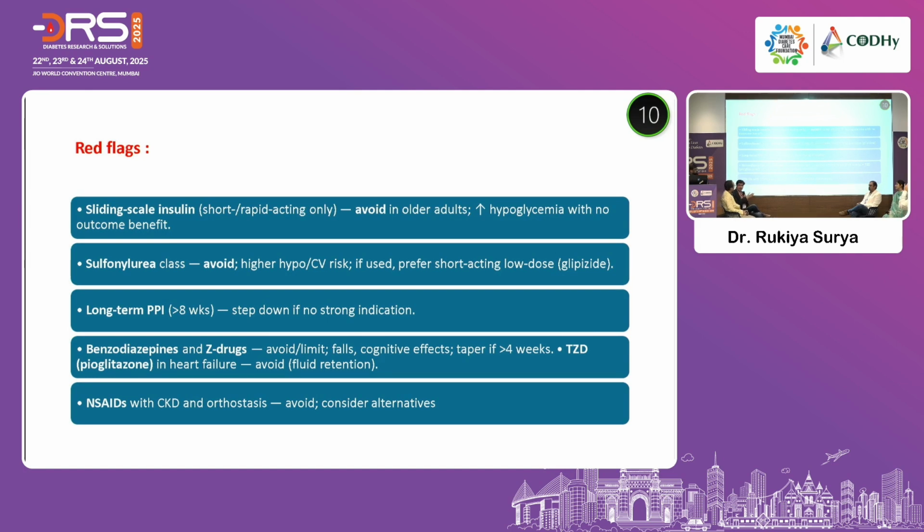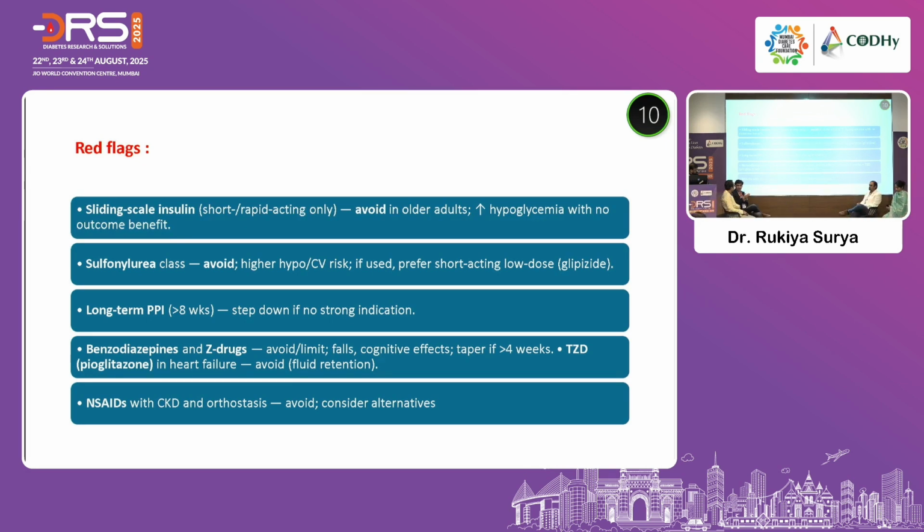I think sliding scale is now no more existing. Absolutely. We need to just do a good SMBG for 3-4 days, and depending on that we can adjust the insulin dose. In this case, the giddiness and fall may be because of the hypoglycemia or a postural hypotension. So as he said, we need to de-escalate the insulin dose by 10 to 20%, and the patient was already on glimepiride.